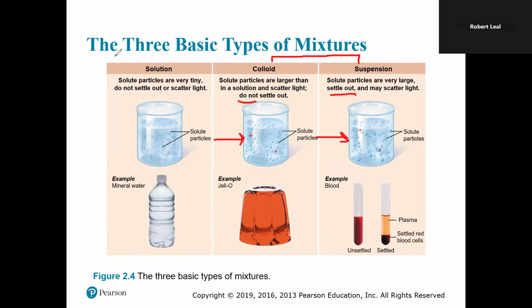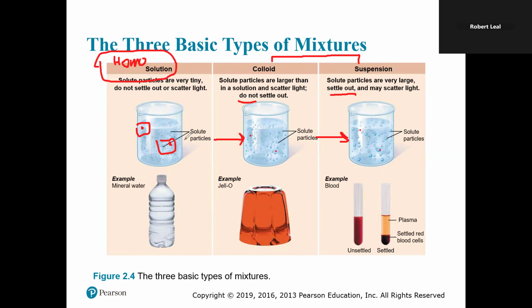Now, the other solution is a homogeneous solution. The prefix homo means same. If I took samples from different areas of the beaker, the solute to solvent amount is the same. Let's think of an example. If this were Kool-Aid, and I took a sample here versus here, it's still Kool-Aid, with the same solute to solvent ratio. That's what makes it homogeneous.